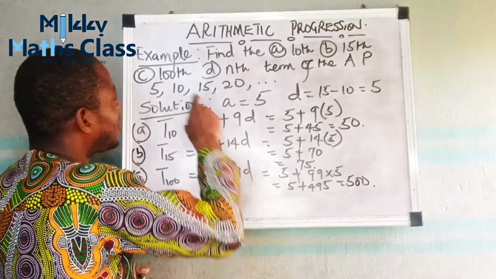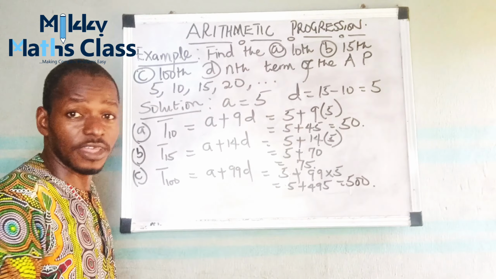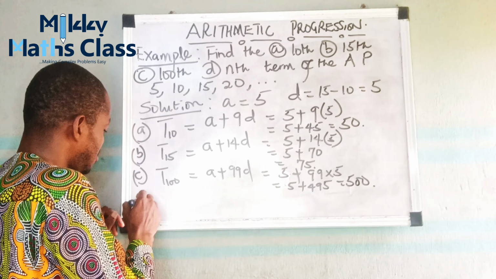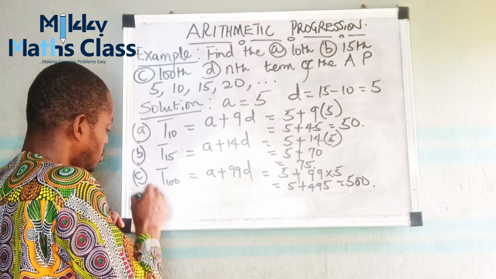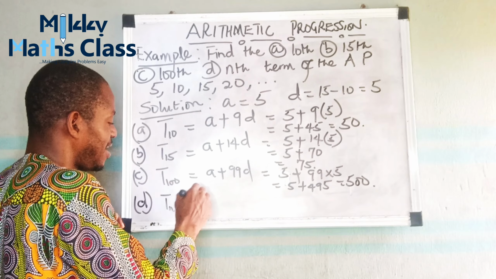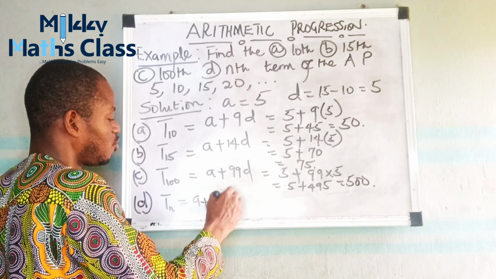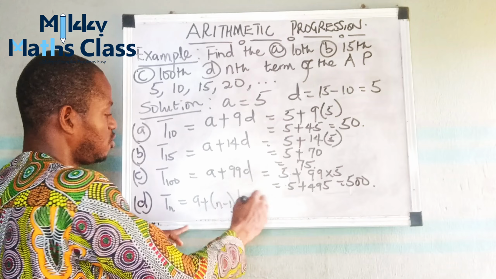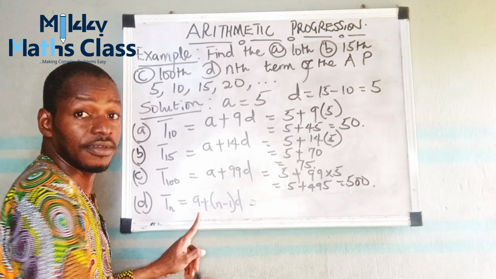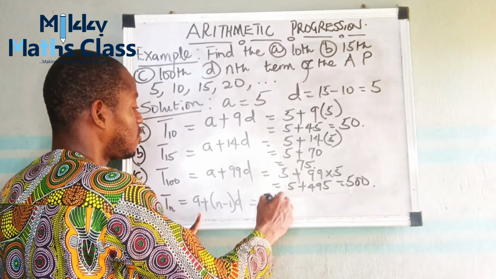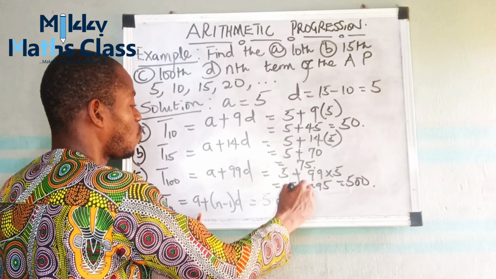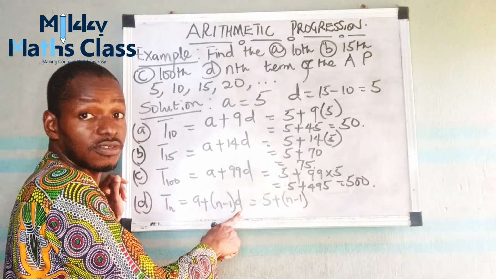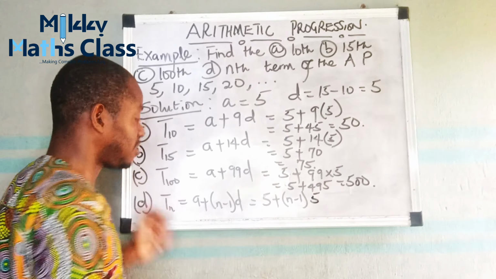Now the last one asks for the nth term of the AP. You already know the nth term is given by a plus n minus 1 d, which is equal to our first term here, 5. So that's 5 plus n minus 1, and the difference is also 5. So let's expand this bracket.